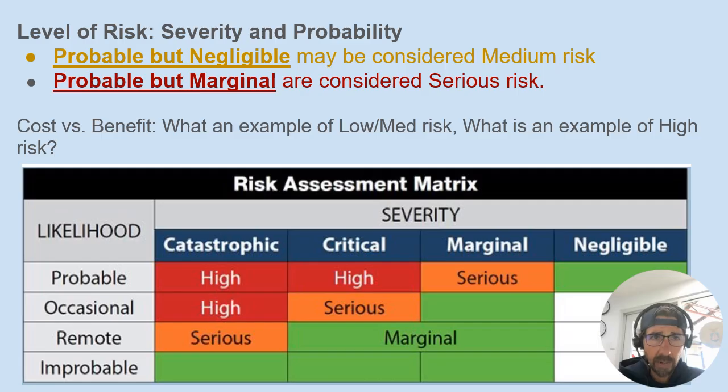We already discussed that, but a situation that's probable and catastrophic, or even occasional or remote and catastrophic, we don't want to mess around with that at all. But if it's a negligible situation and there's a remote or occasional occurrence, then that's pretty low, and we might be able to mitigate that danger.